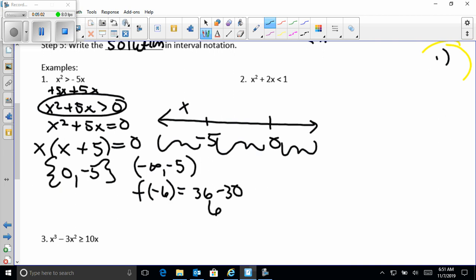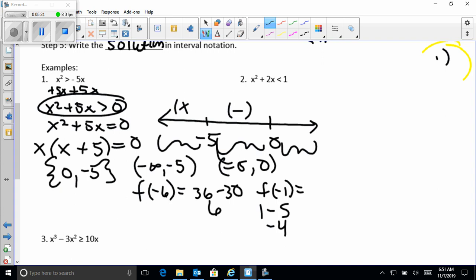Then I'm going to test this region right here, the -5 to 0 region. So I'll go with -1. That's going to be 1 minus 5. So that's going to be a -4. So that's a negative region. Positive and a negative. And I'm going to check from 0 to infinity.